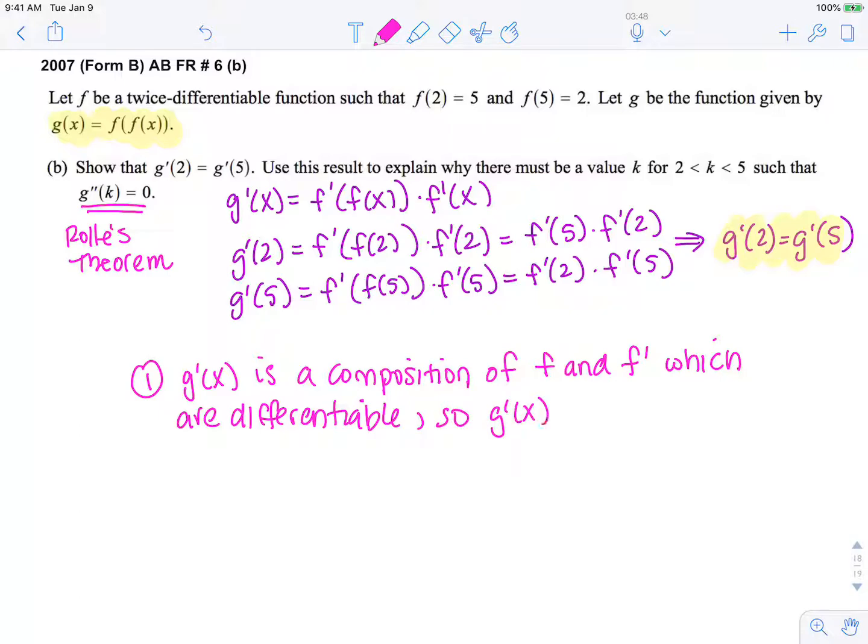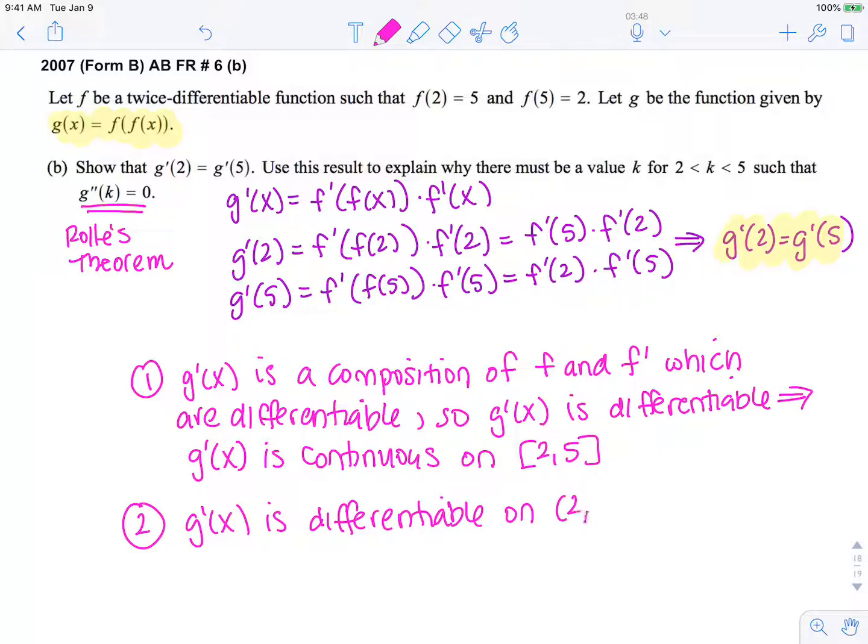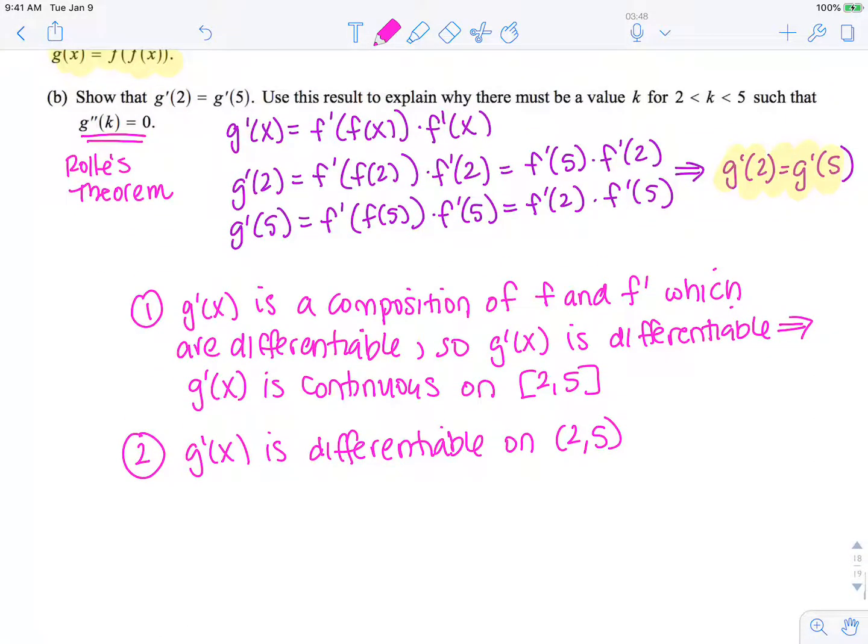So g prime of x is differentiable, which implies that g prime of x is continuous on the closed interval from 2 to 5. That also shows us that g prime of x is differentiable on the open interval from 2 to 5.